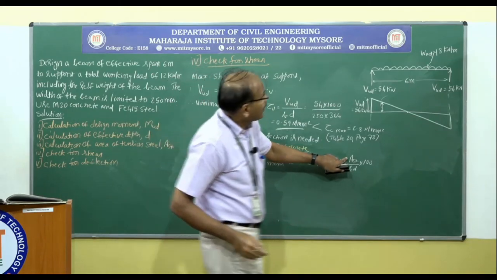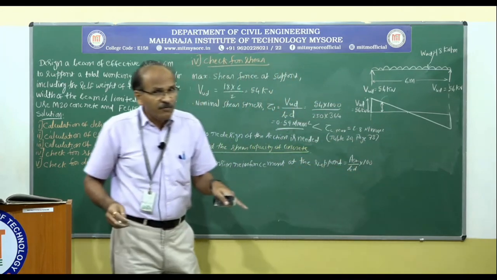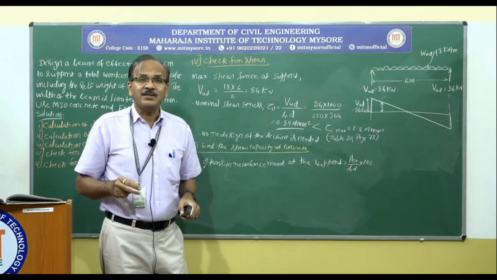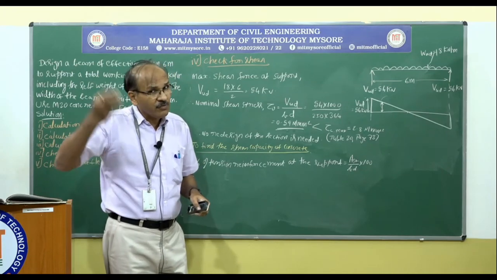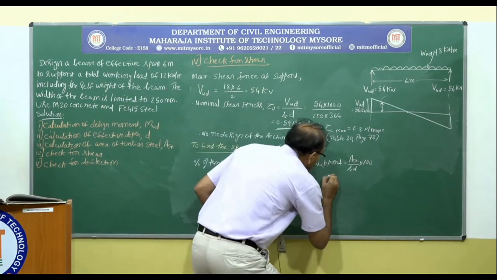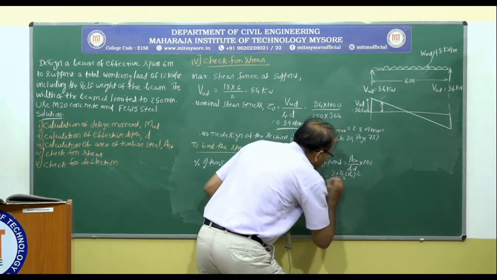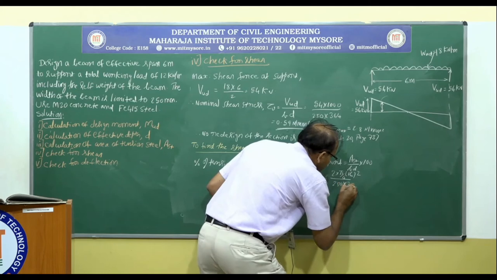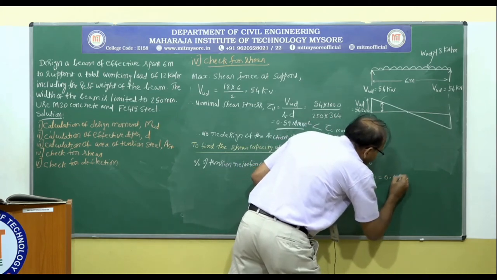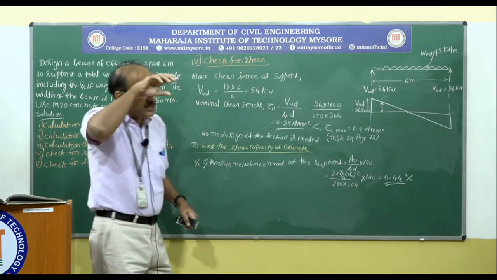What is AST? That is the tension reinforcement at the support. How many tension reinforcements we have? We have 2 bars of 16 millimeter diameter, not 4, because we have curtailed 2 bars already. So it is 2 multiplied by pi by 4, 16 square, B is 250, D is 364, multiplied by 100, that is equal to 0.44% is the percentage of tension reinforcement.